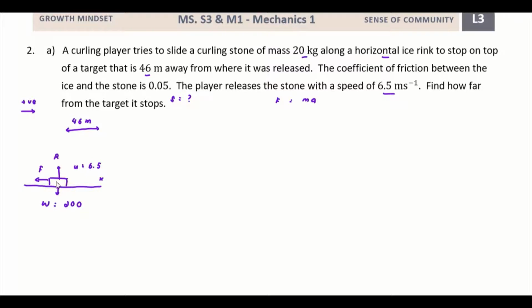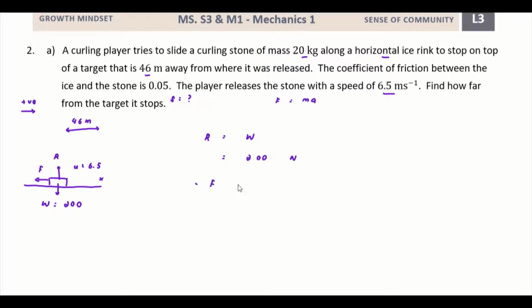In this case, you can see there's no other force involved in the vertical component. So our R is basically equal to our weight, which is equal to 200 Newton here. Then after that, we can move on. By taking the motion as positive, the friction is in the other direction.